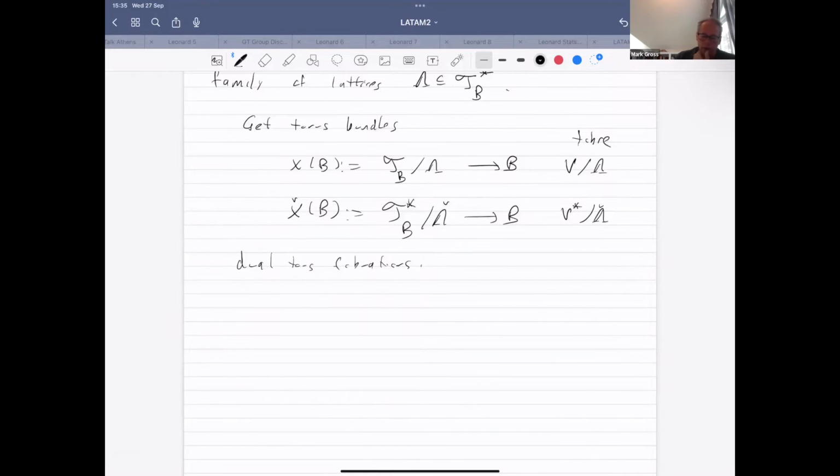Okay, now we have a little bit more structure. So far, this is purely topological. We have a torus bundle over B, two different torus bundles over B. But in fact, X of B carries a canonical complex structure.